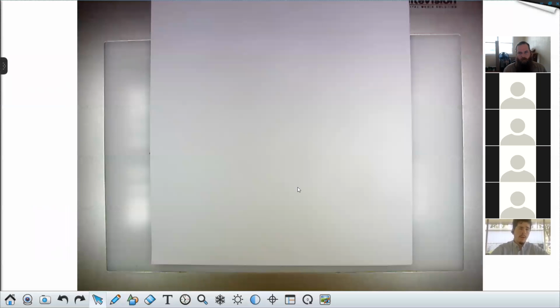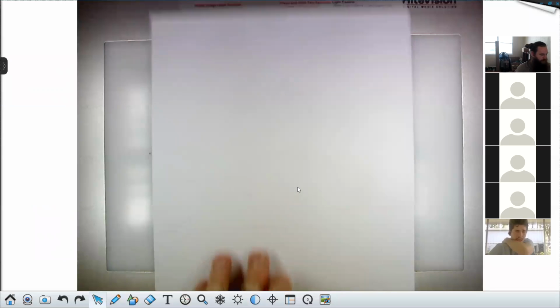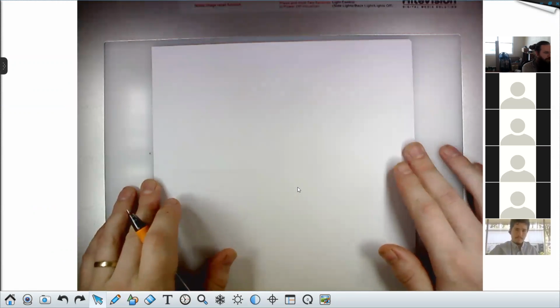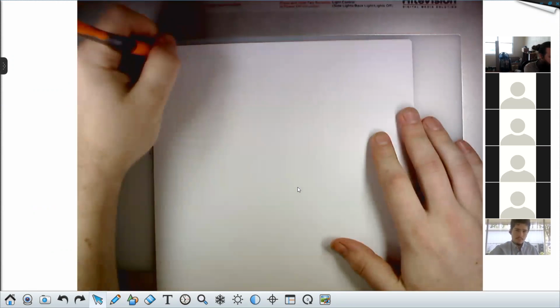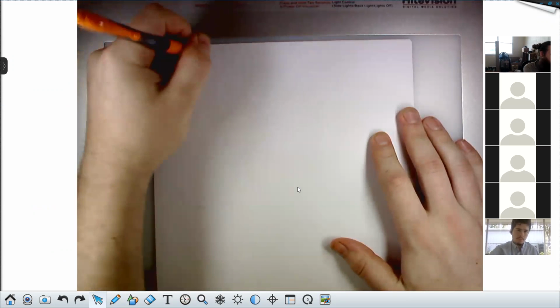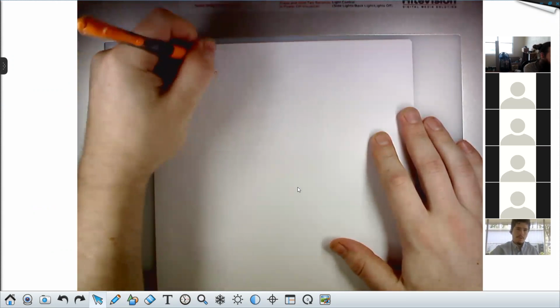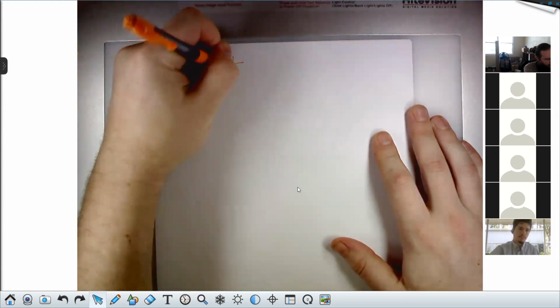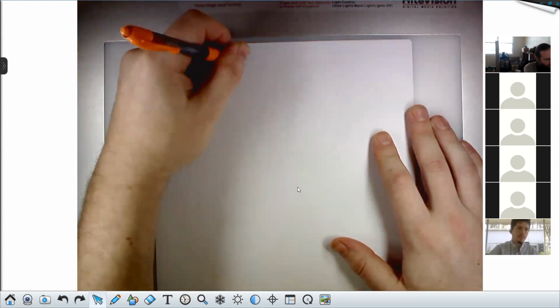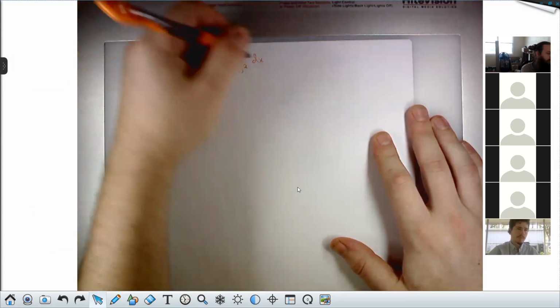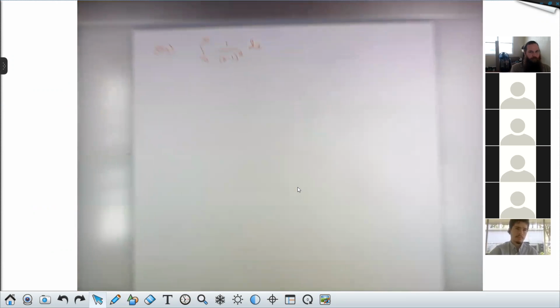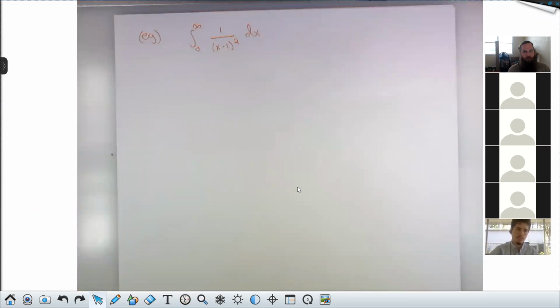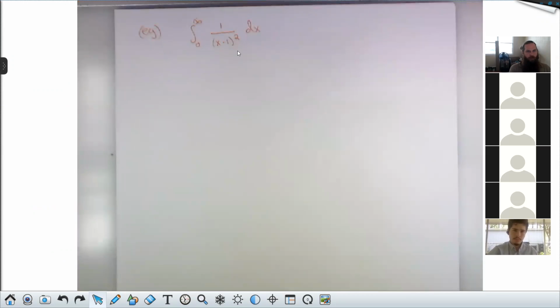Okay, well, let me show you something here. What if I wanted to do the integral from 0 to infinity of 1 over (x minus 1) squared dx? Can you guys picture the graph of 1 over (x minus 1) squared? We know what this looks like.